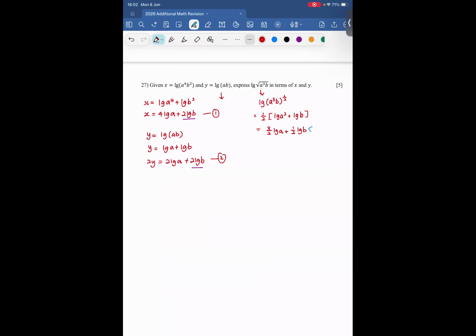Okay, so equation 1 minus equation 2, x minus 2y equals to 1 minus 2 log a. So log a equals to half x minus y.